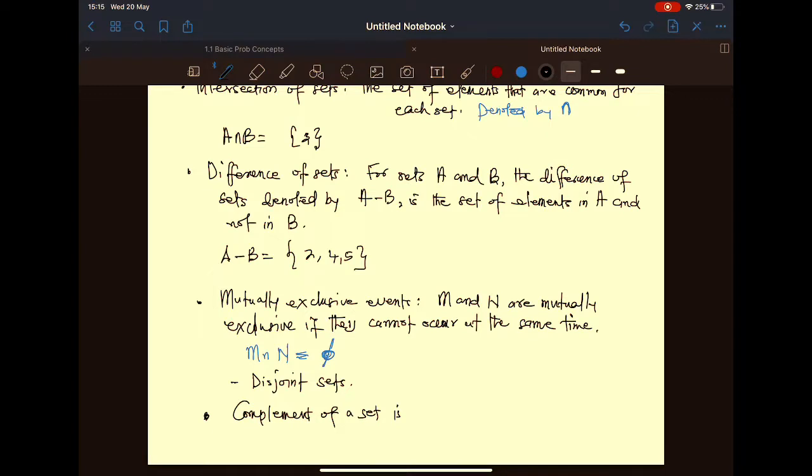The complement of a set is the set containing all the elements that are not in the set but are in the sample space.